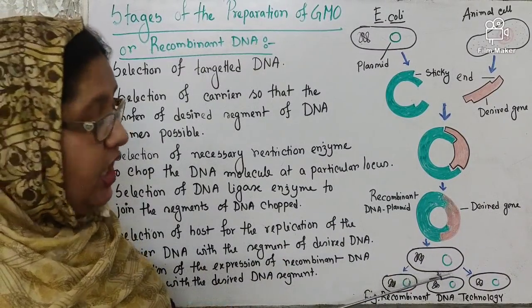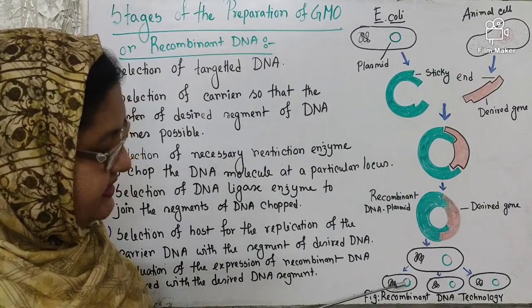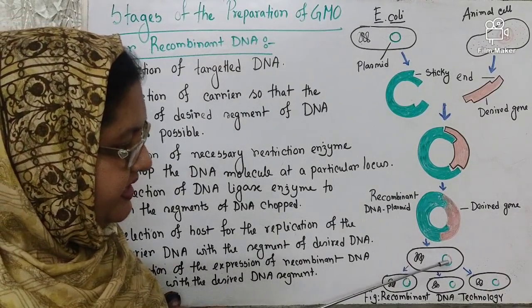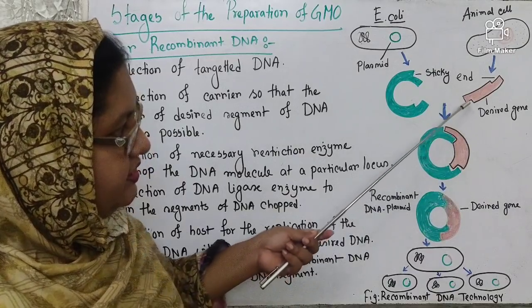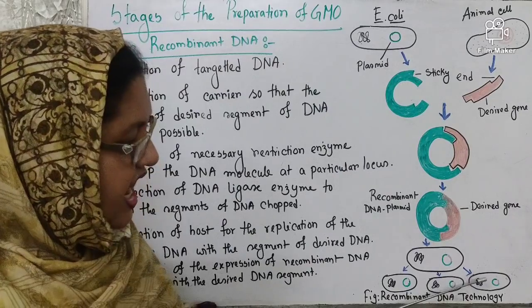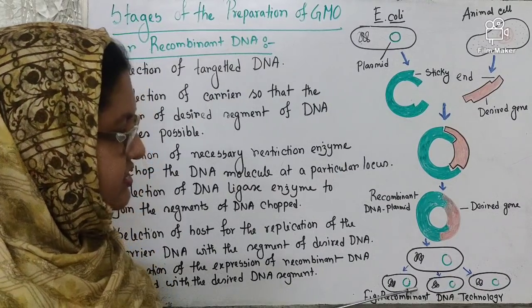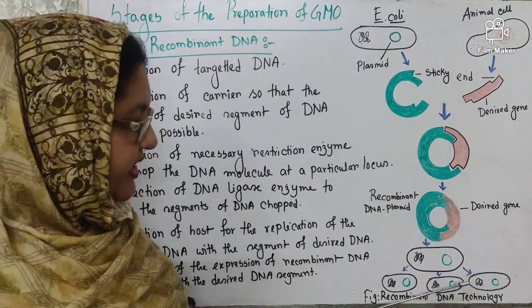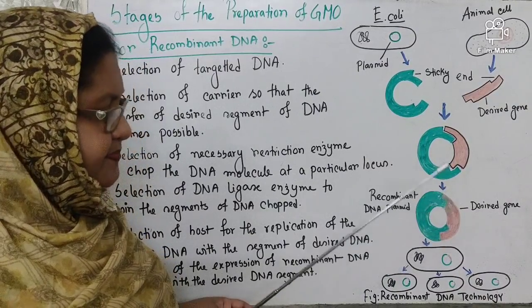It will replicate along with the desired segment. The desired segment is marked by the red color. So here the desired segments are present in all the bacterial cells that are produced from the host cell.